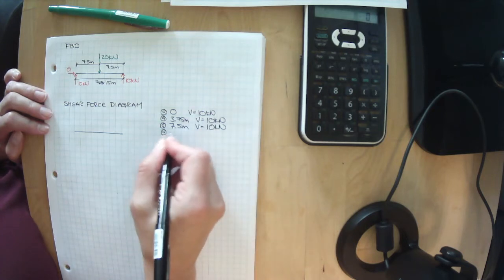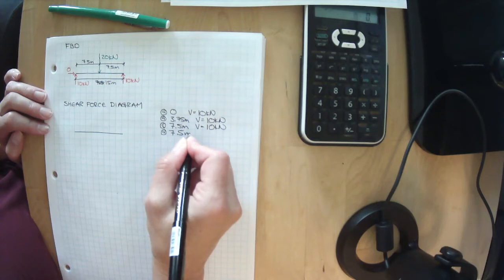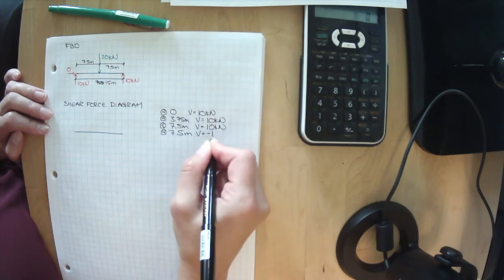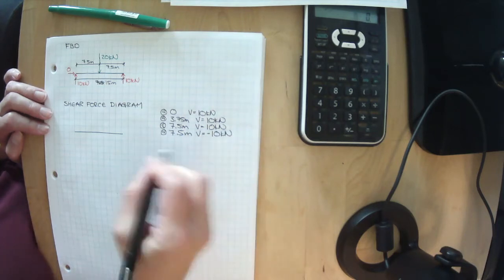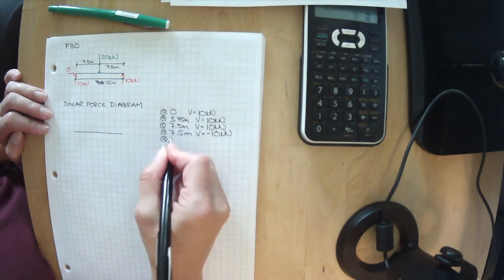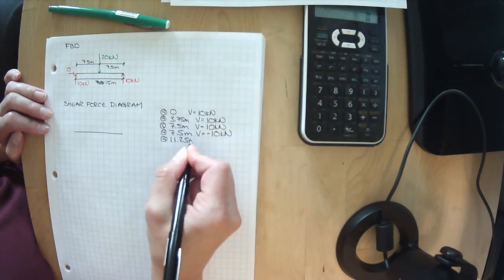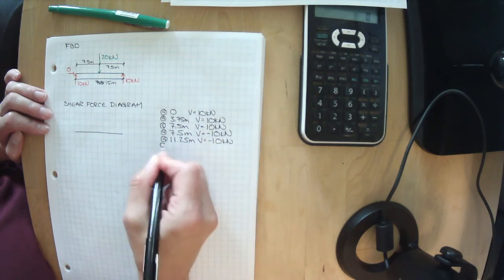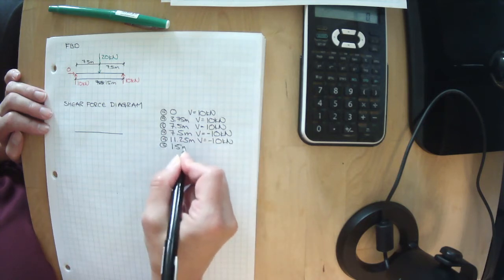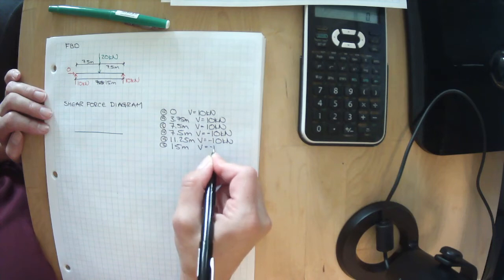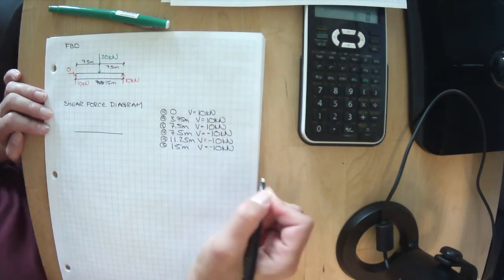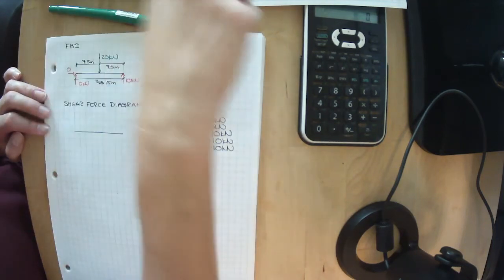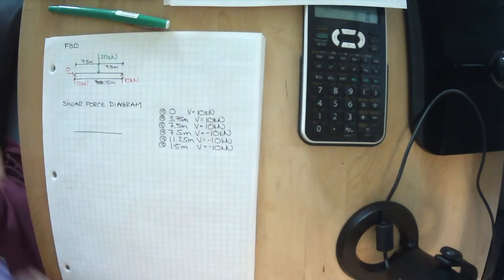But then, also at 7.5 meters, V switched to be minus 10 kilonewtons. At 11.25 meters, V equaled minus 10 kilonewtons. And at 15 meters, V equaled minus 10 kilonewtons. Let's draw that on here.